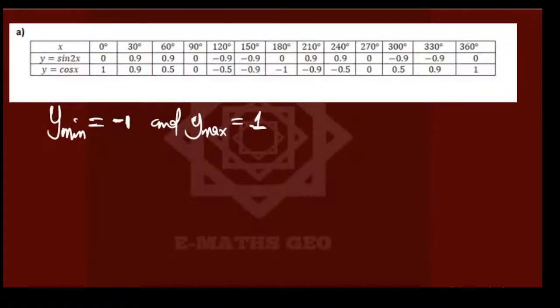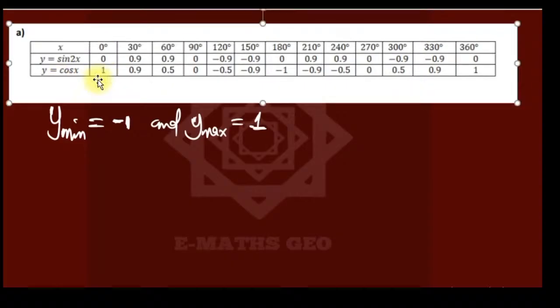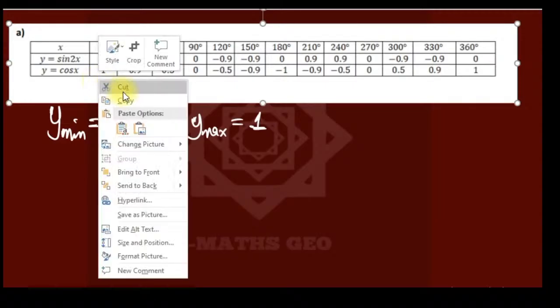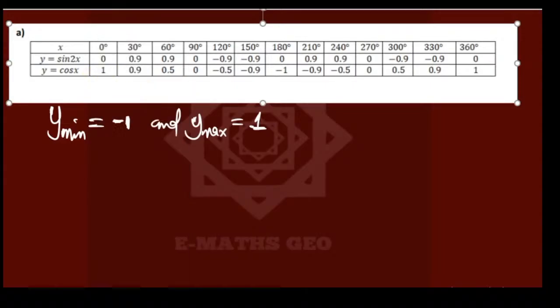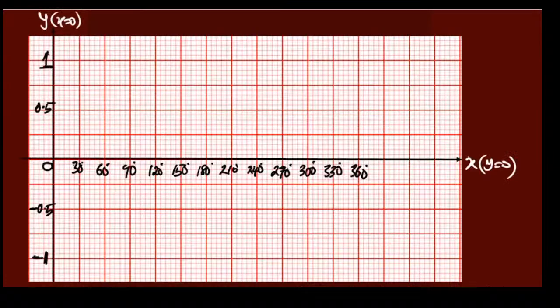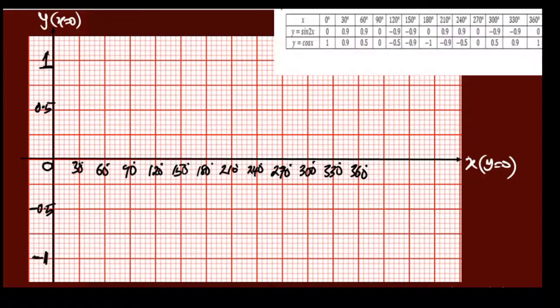So here, when x is 0, y is 0. I'll plot the first one and join before plotting the second one, so that I won't make mistakes. Let me just copy and paste the table where it will be. You will see it. Let's copy and paste. Okay. When x is 0, y is 0.